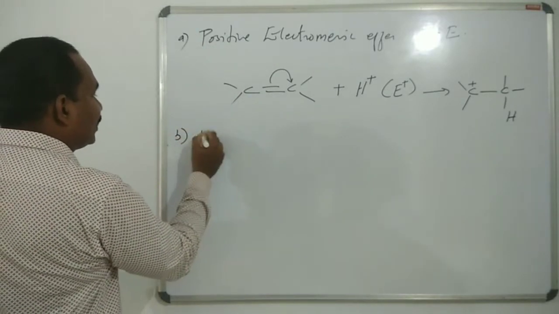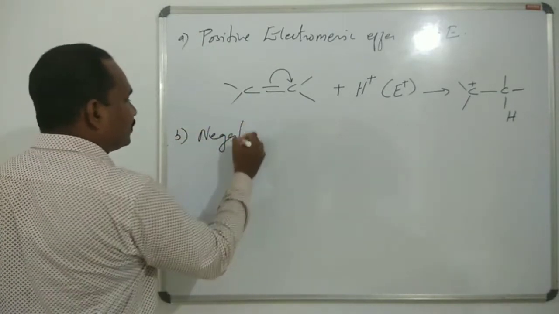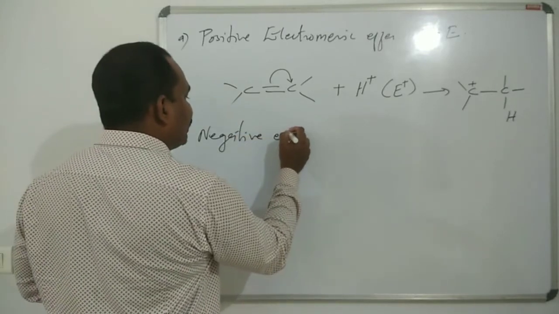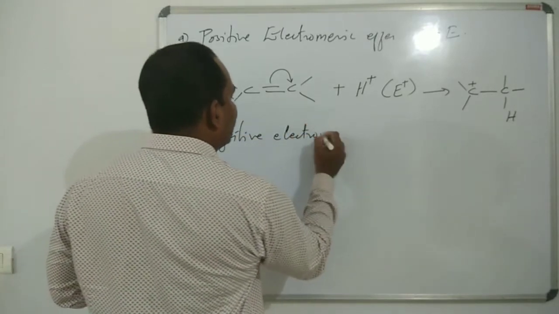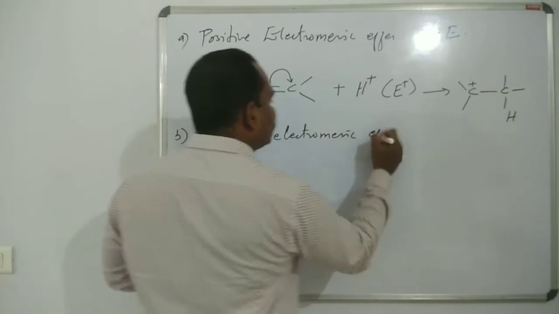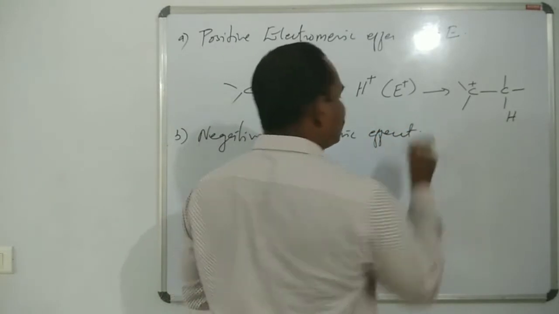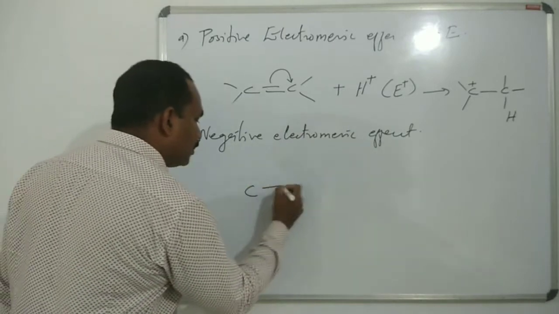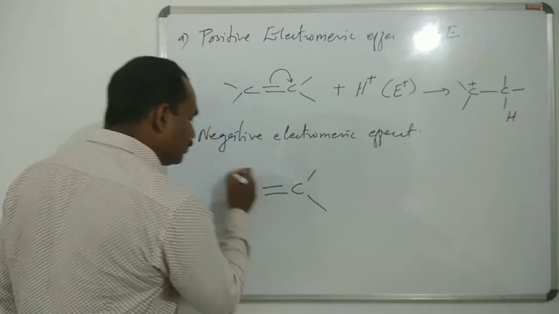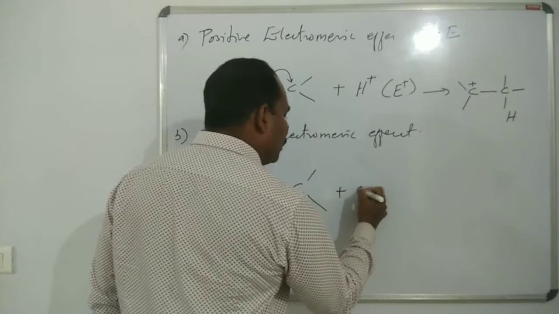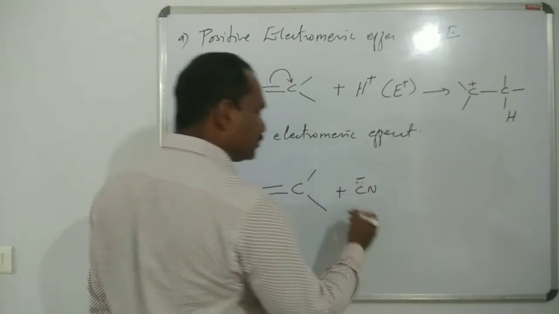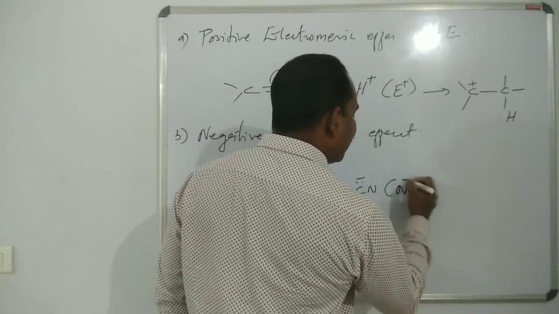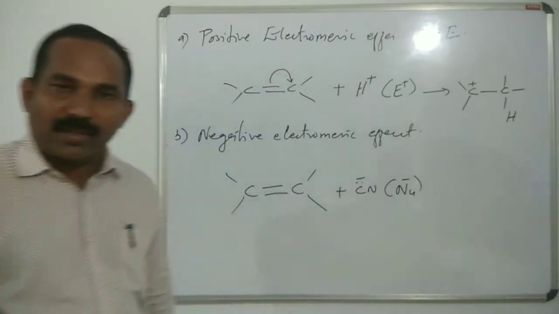And the second one is negative electromeric effect. Here, the multiple bonds, a nucleophile, CN minus, or you can write Nu minus.